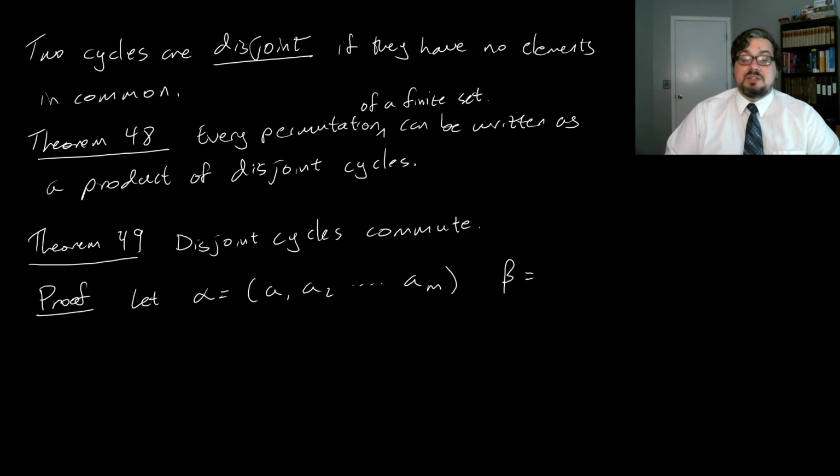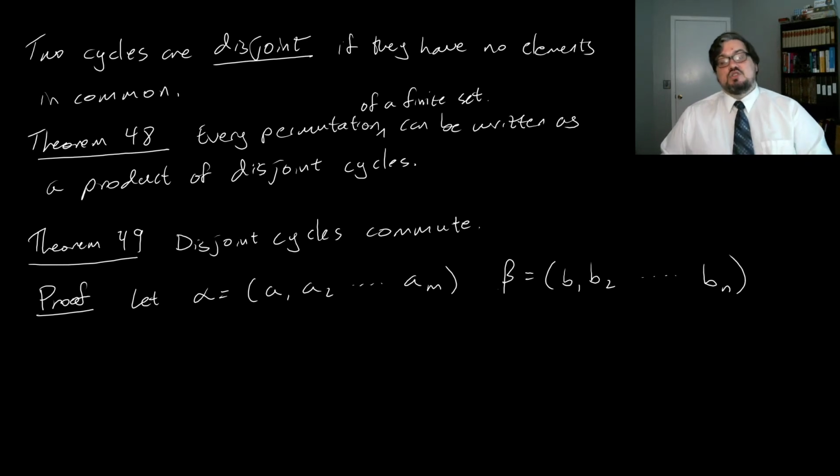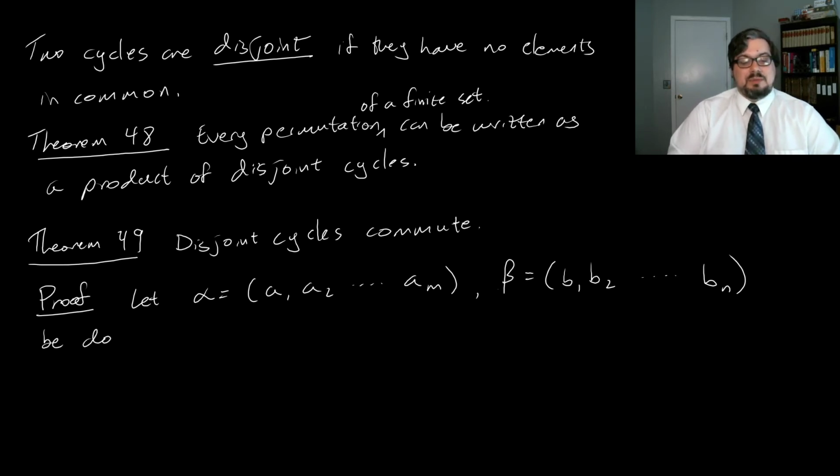In particular, we don't know how big they're going to be. They may not be the same size. So we can just write down our cycles like this. Let alpha be the cycle a1 to am, beta be the cycle b1 to bn, and we want these to be disjoint cycles.